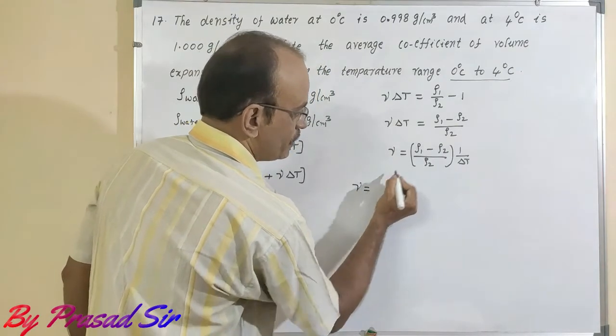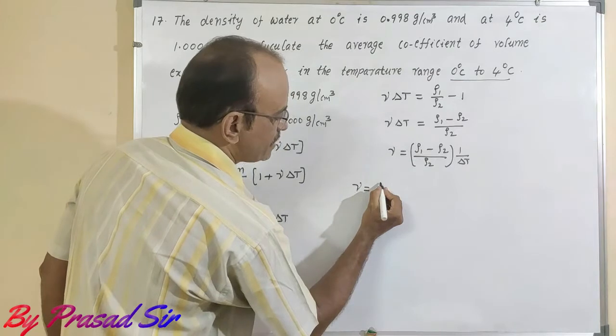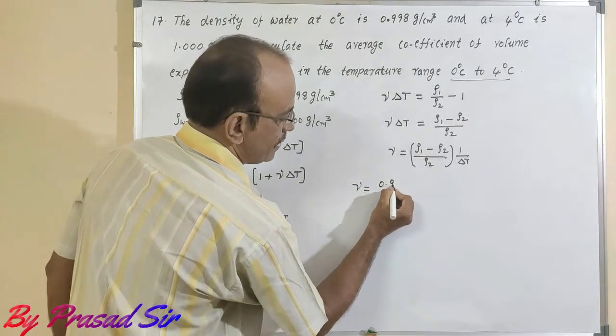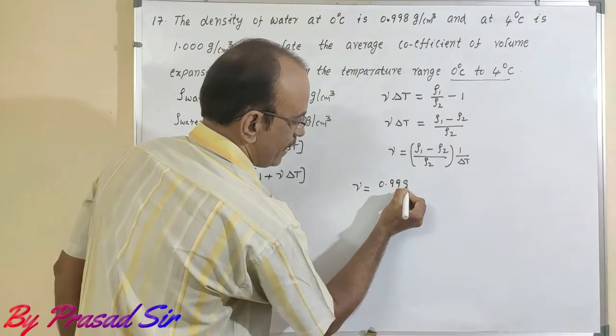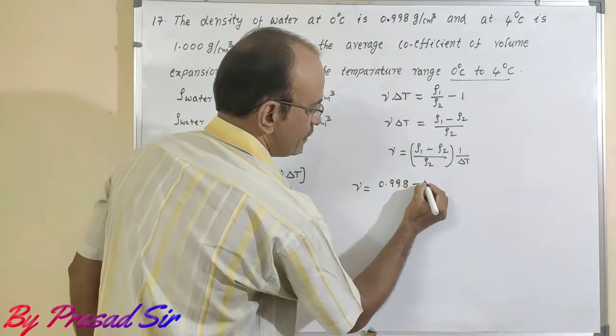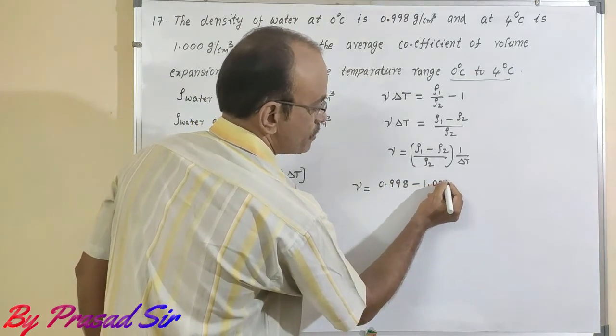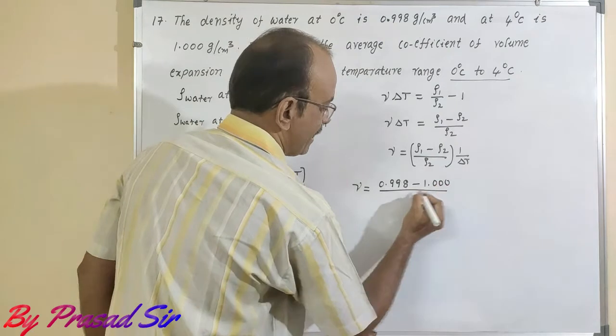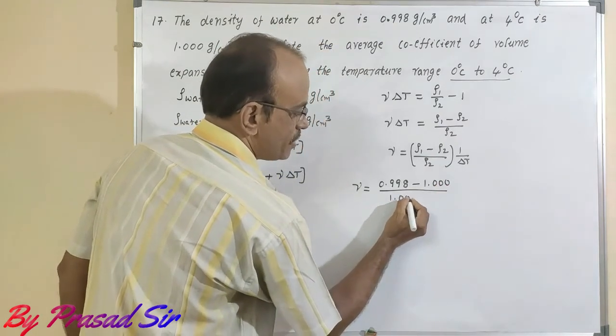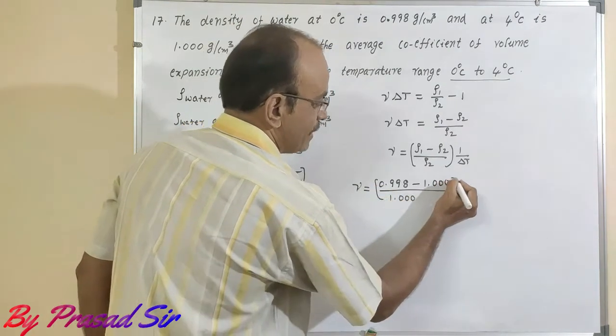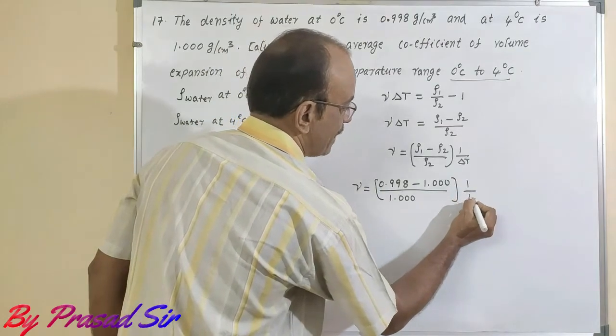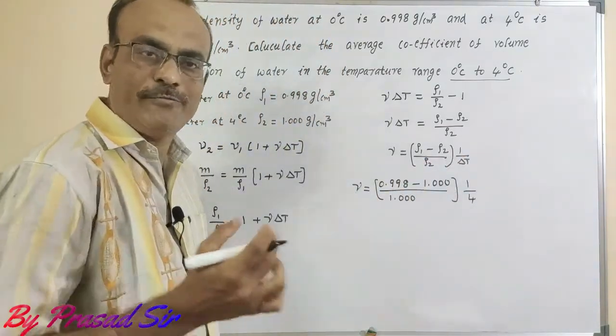So here I want to calculate the gamma value. Gamma is equal to rho 1, that is 0.998, minus 1.000, divided by 1.000, times 1 by delta T, which I told is 4.